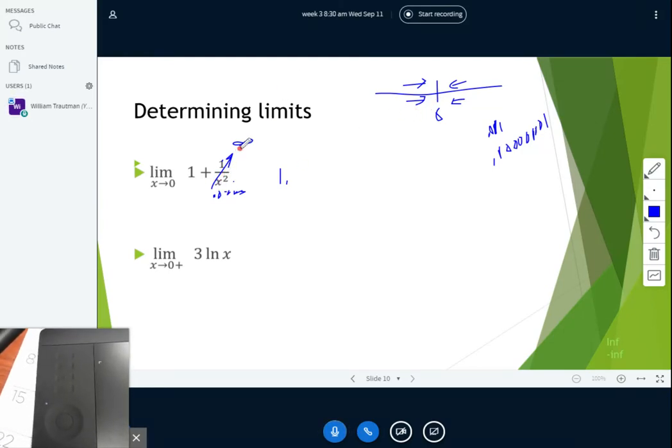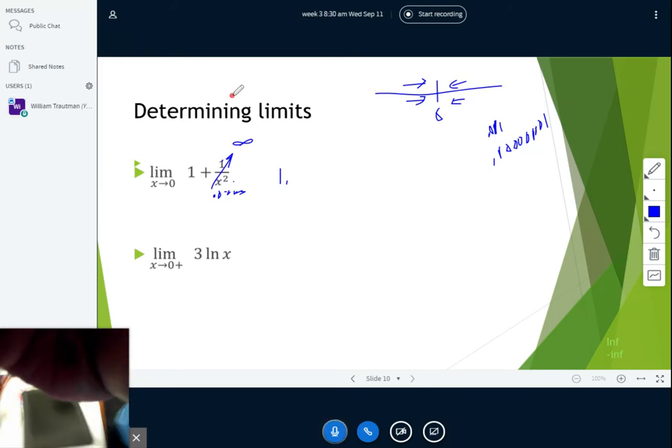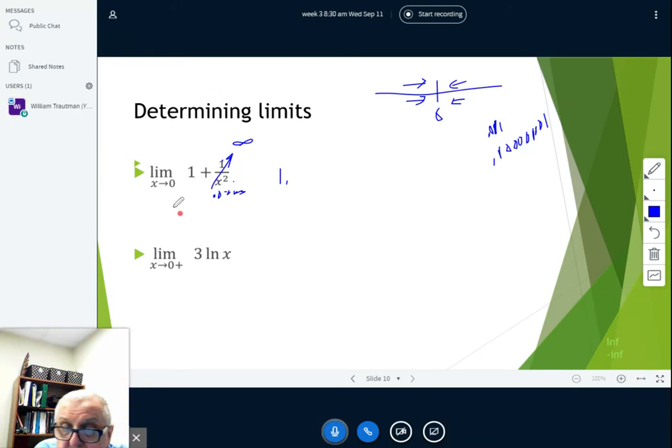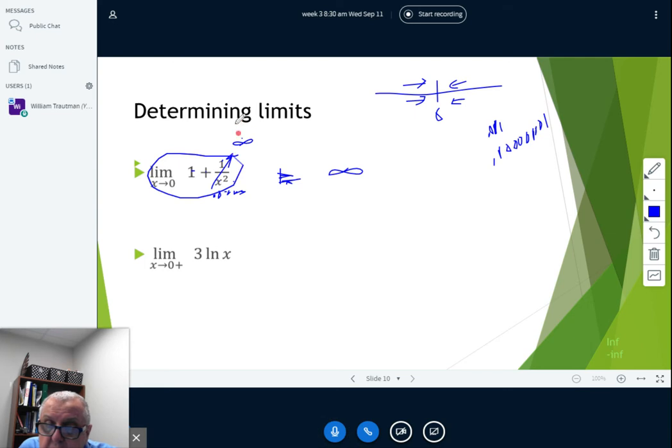It approaches infinity also. So as this limit approaches 0, I end up with 1 plus infinity. And if you add 1 to infinity, you still get infinity. So this limit equals infinity.